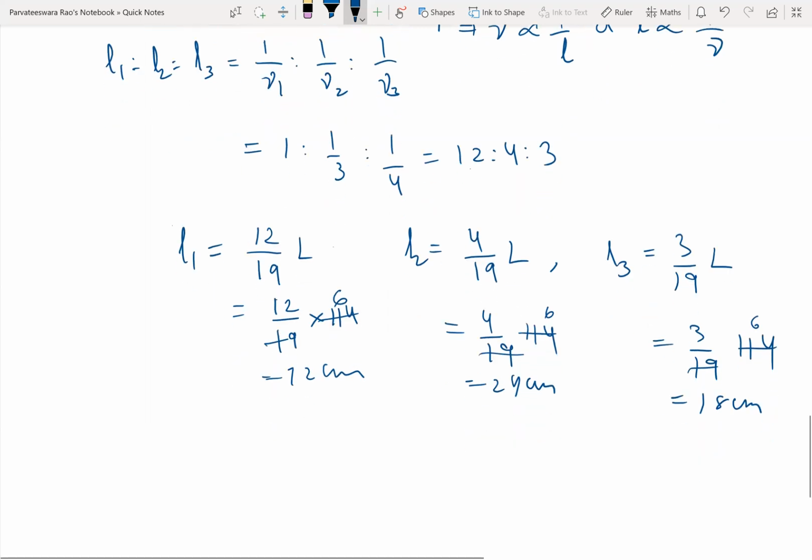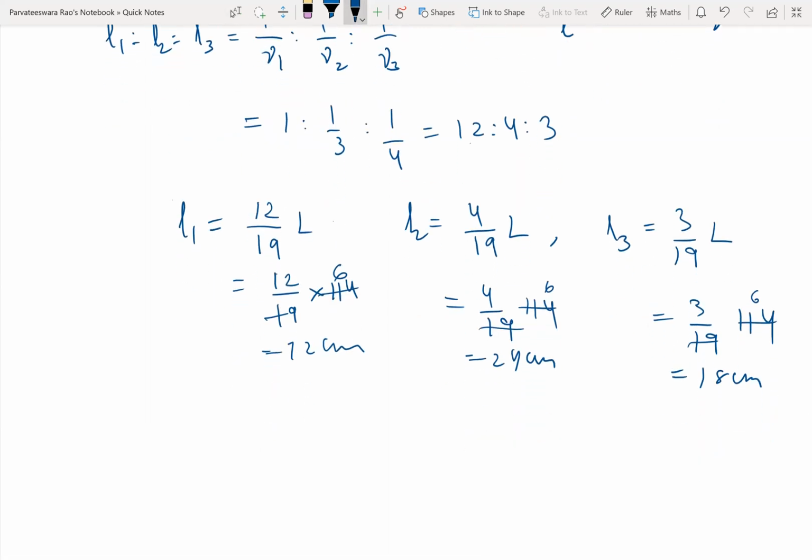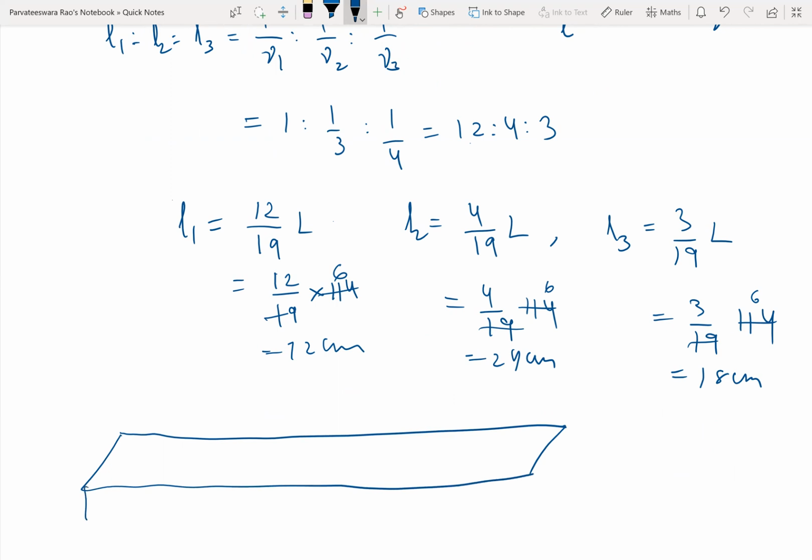So at what positions do we have to fix the wedges to make the wire vibrate? This is the wooden box. This is a hollow wooden box. And here the string is fixed. So first, at a distance of 72, the first wedge should be there. Somewhere here we should have that edge.